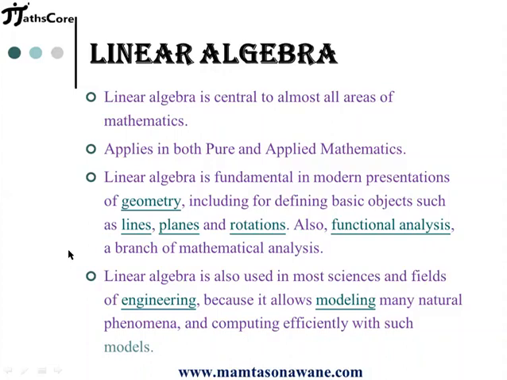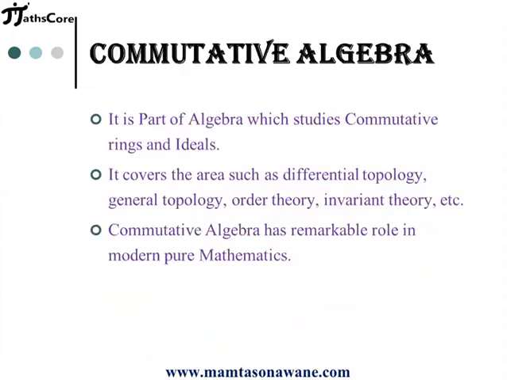These are part of geometry. Also functional analysis, a branch of mathematical analysis, is included in linear algebra. Linear algebra is also used in most science and engineering fields. Not only in mathematics but also in science, linear algebra is applicable because it allows modeling many natural phenomena and computing efficiently with such models. Okay.